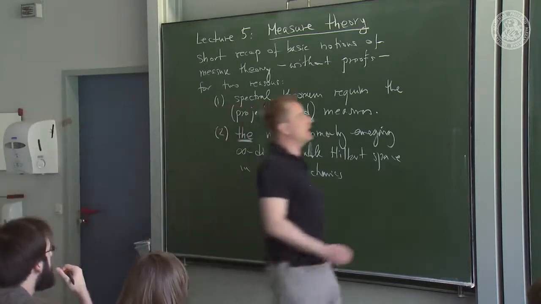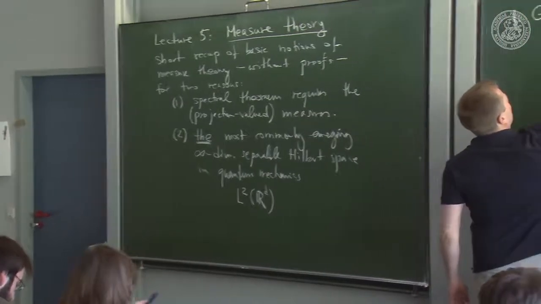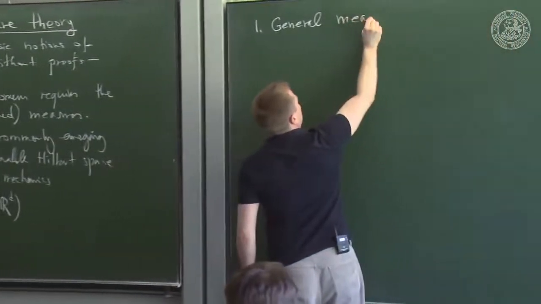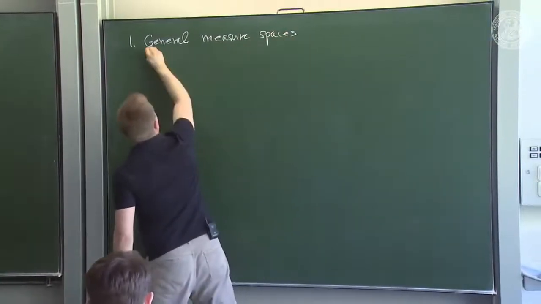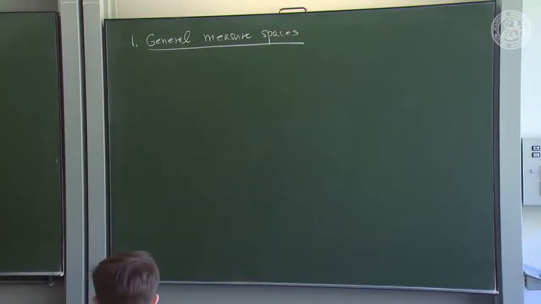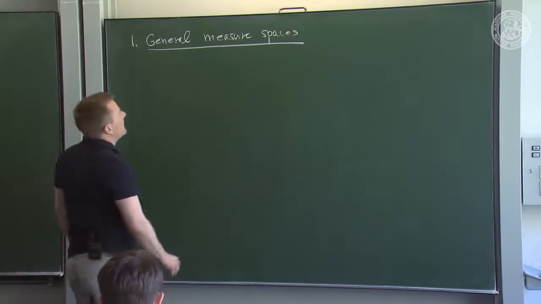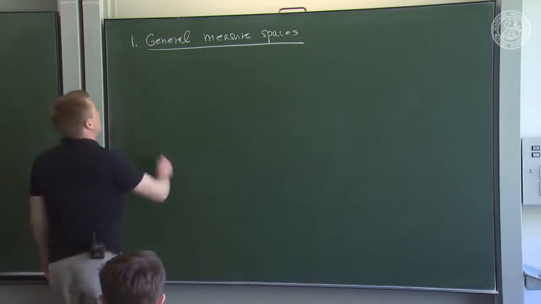So we start with section 1, general measure spaces. Now, the first definition we provide is that of a measurable space, also called a sigma algebra, and it looks a little like the definition of a topology, but it's different.